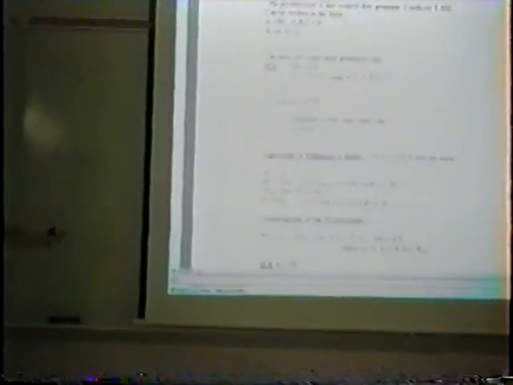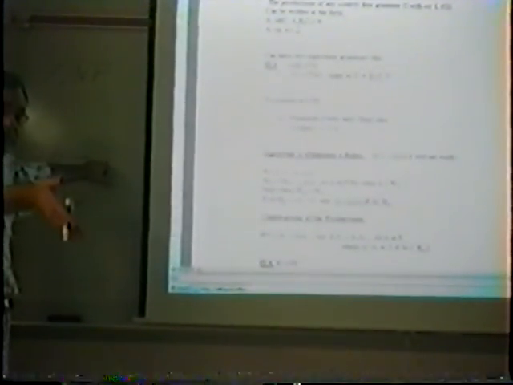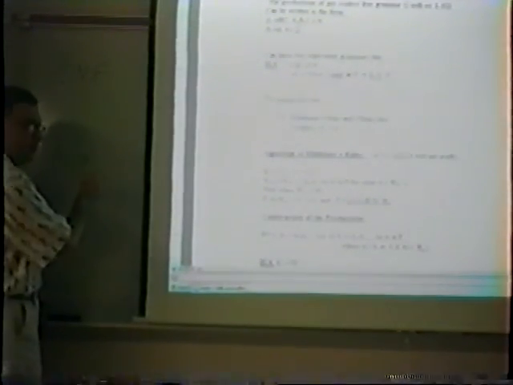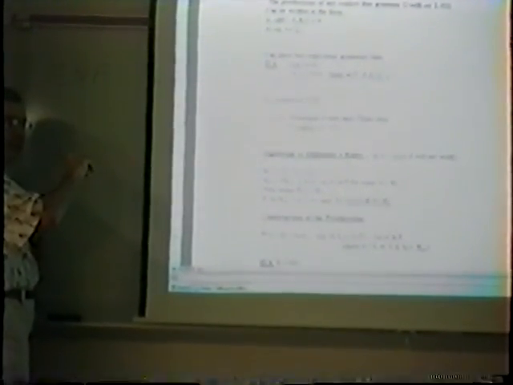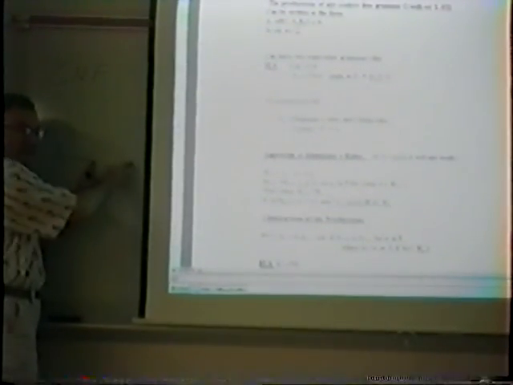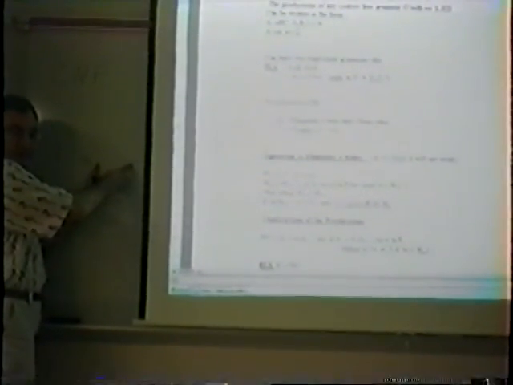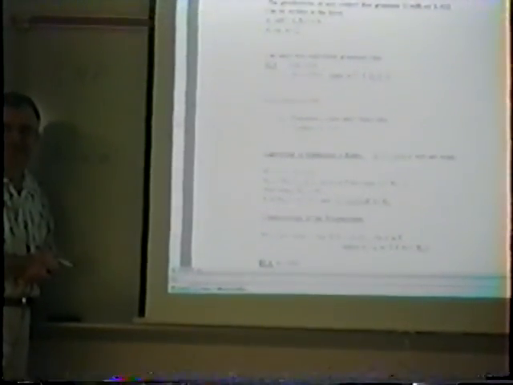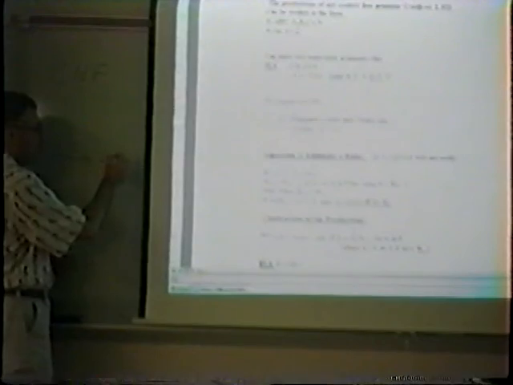But on the right side you could have anything you want. Now we restrict it: either you have no non-terminals at all, you have alphabet symbols, and if you have only alphabet symbols, you're only allowed one. Like I cannot say A goes to ABA.